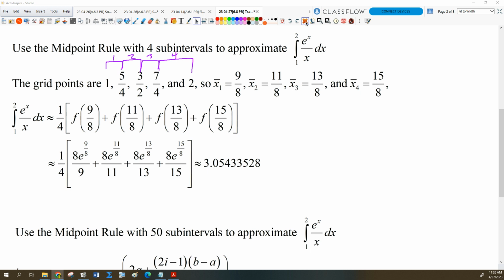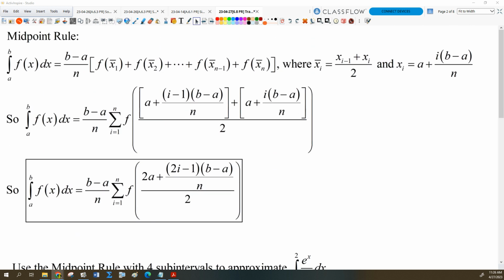Question? It's the average, x bar. It just means it's the midpoint of the ith subinterval.